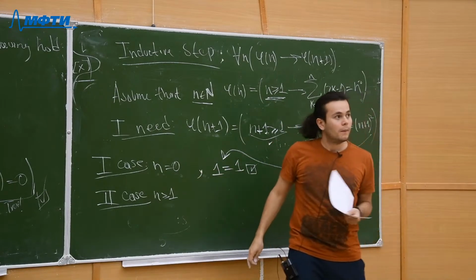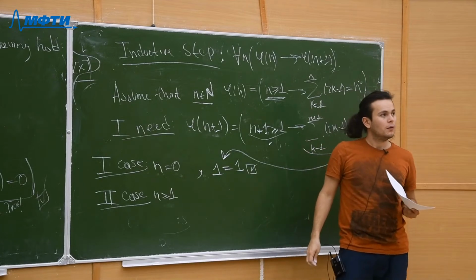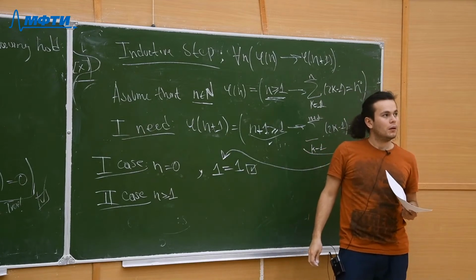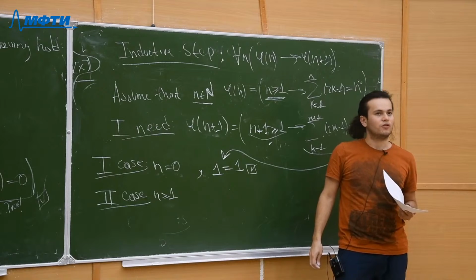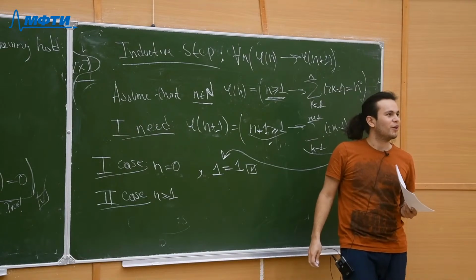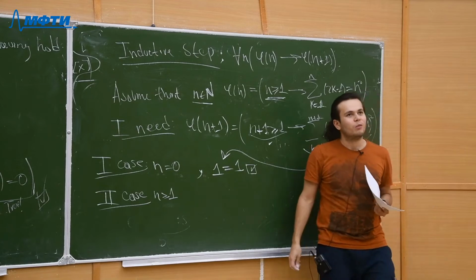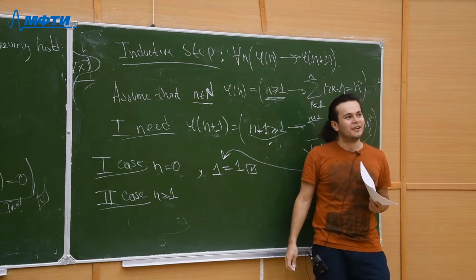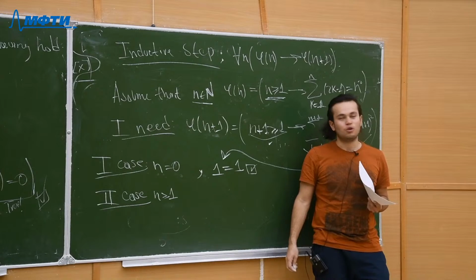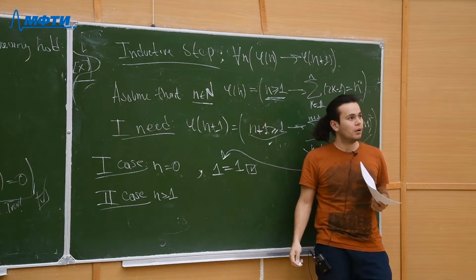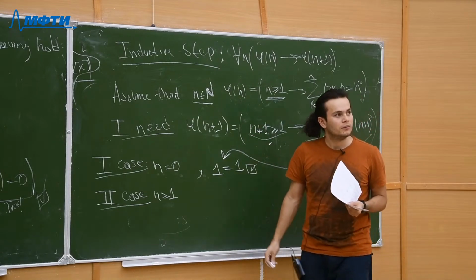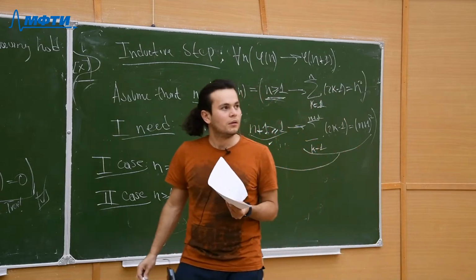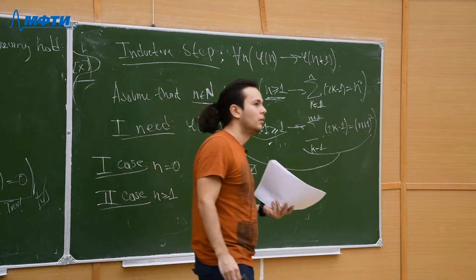But in number theory, should we do the same, or is it different? I don't know what in number theory. I mean, what do you mean? Like in number theory, you just do 3 steps, the basic step, the induction.